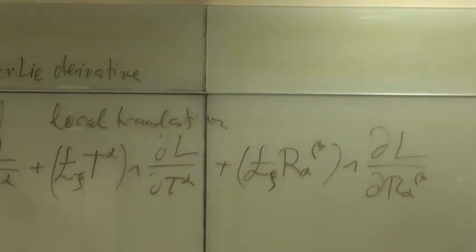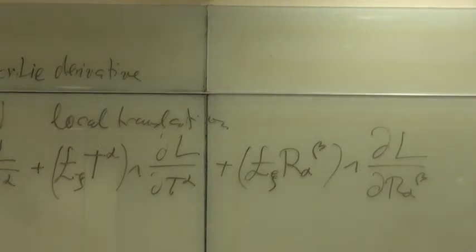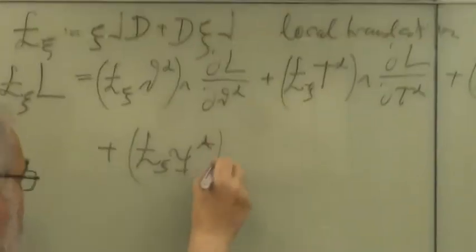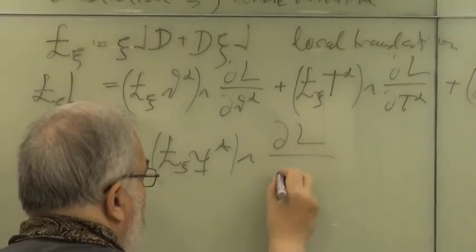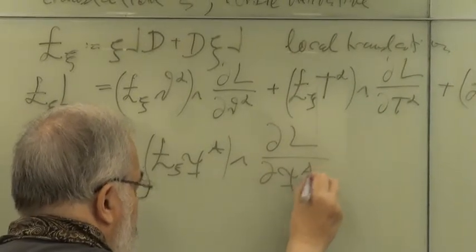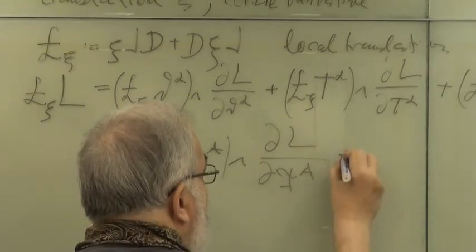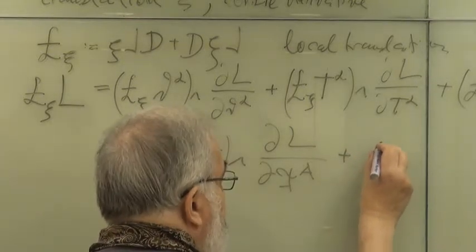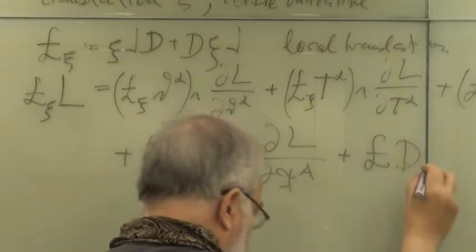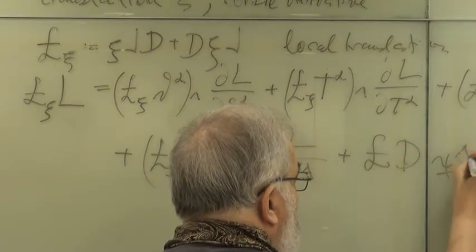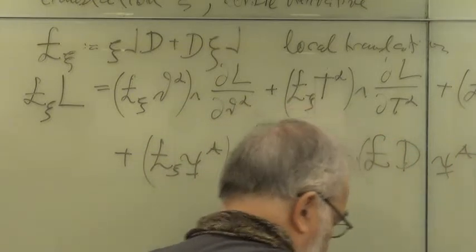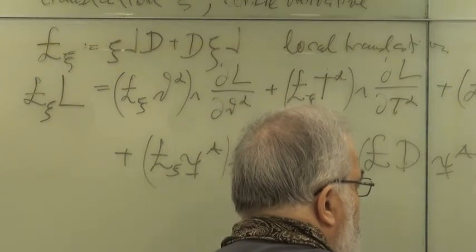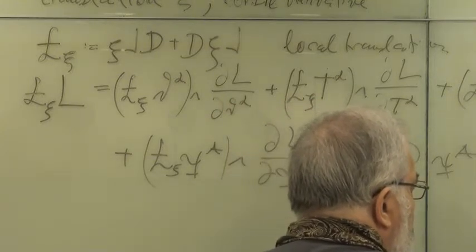And now we have the Lie derivative of psi a with respect to the vector field, times dL over d psi a, plus the Lie derivative of the exterior covariant derivative of d psi a, times dL over d(d psi a).